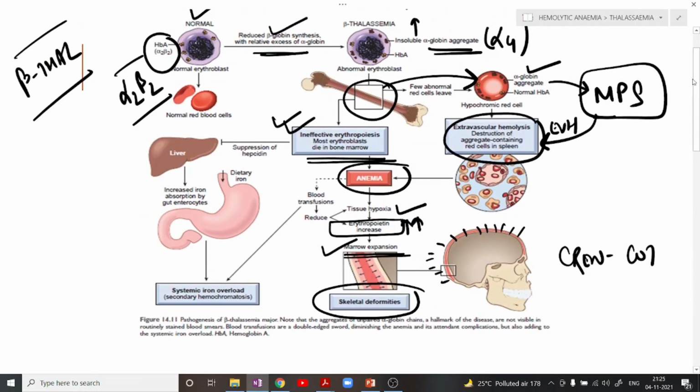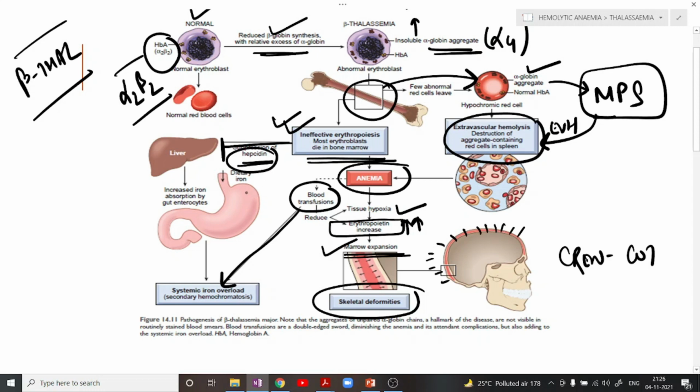Now, along with that, when the patient is suffering from anemia, we are going to give certain blood transfusions to the patient, yes or no? Now this blood transfusion is going to increase the systemic iron overload. Along with this, the ineffective erythropoiesis suppresses the release of hepcidin from the liver.